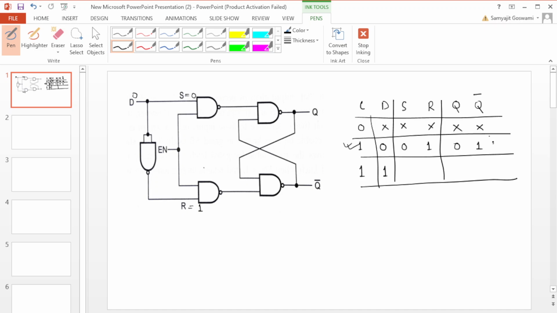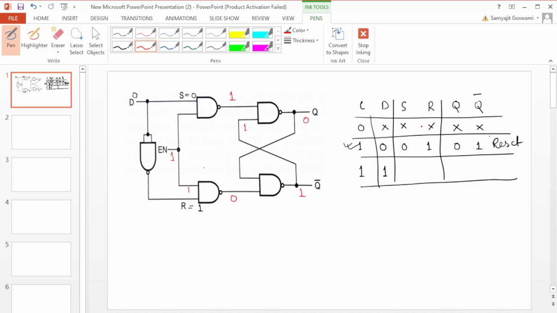This is called the reset condition. To show the principle, the inputs are 0 and 1 with the clock always 1. A 0 input means the output will definitely be 1, and 1 1 gives 0. This 1 will go here, and 1 1 means 0. That means you can see Q equals 0 and Q bar equals 1.